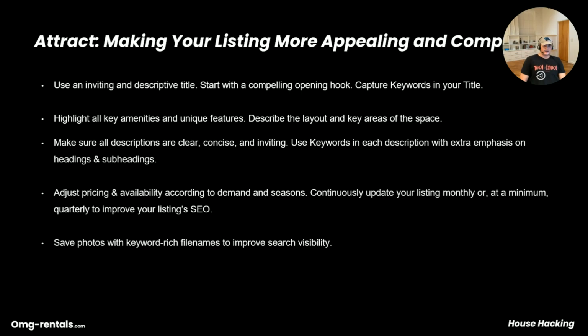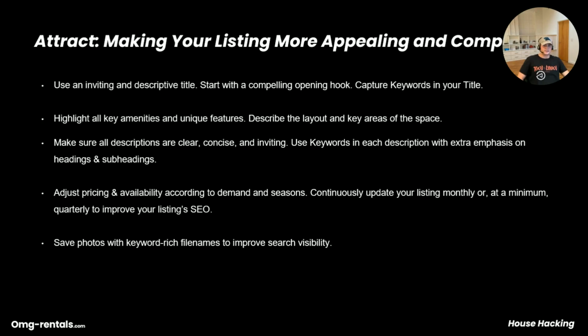Just another way of improving your search visibility, as the three things people mainly search by when using these platforms are the location, the event type, and the date. So make sure you are always matching your descriptions, keywords, and file names to those things that you're trying to attract.